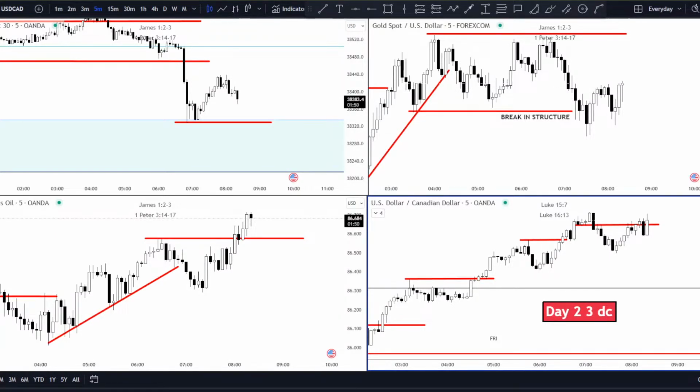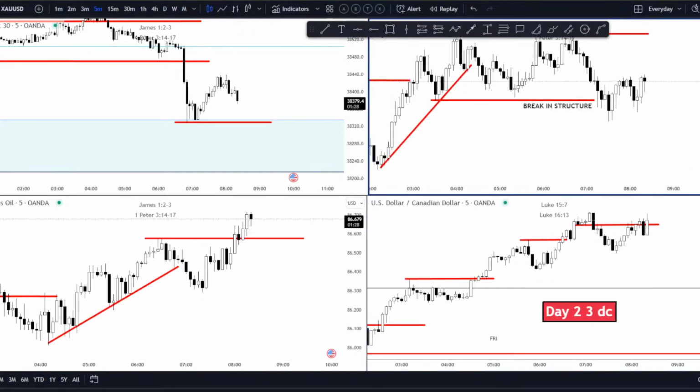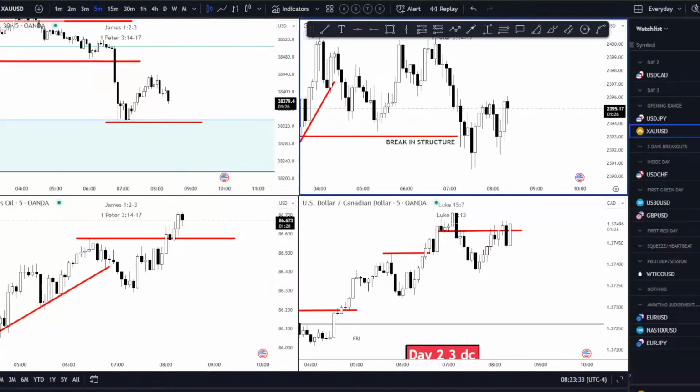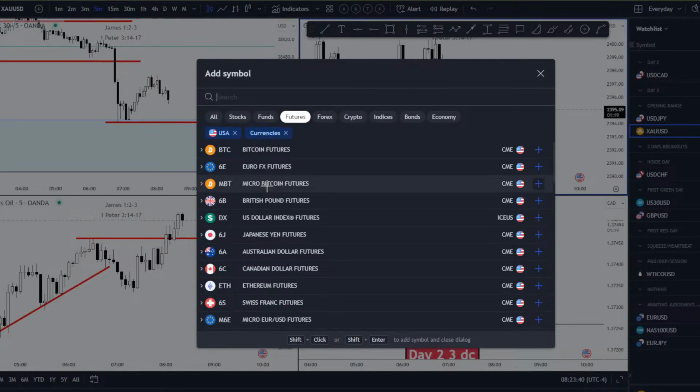So, how do you trade Forex on futures? There are certain tickers for futures pairs to basically trade currency pairs. If you just go on TradingView, in fact, you can do it here. I'll show you. You go to futures, hit categories, hit currencies.